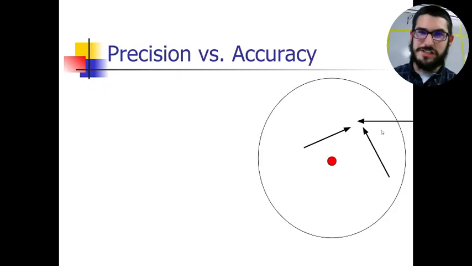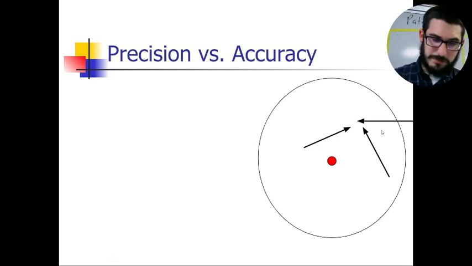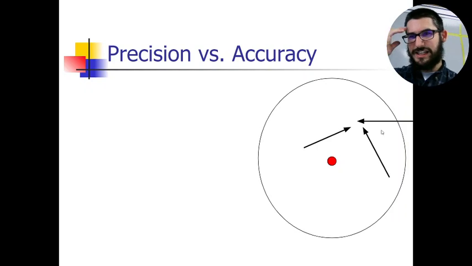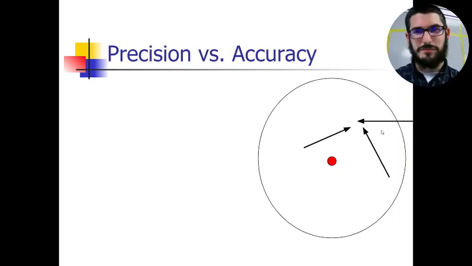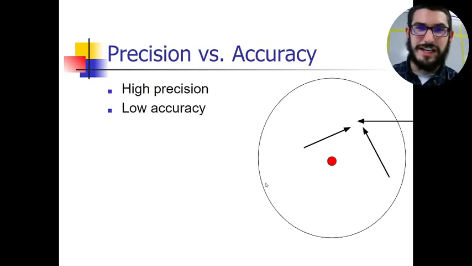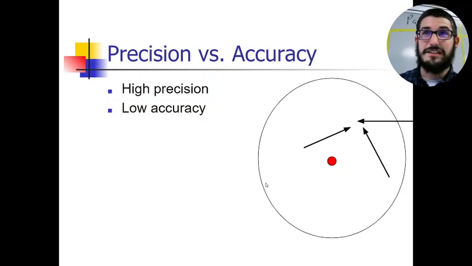So precision versus accuracy. This right here, you see that my values are all in the top right of this target, and they're all really close to each other, but they aren't close to the bullseye. They aren't close to the accepted or standard value. So that's going to be high precision because they're really close together, and low accuracy because they're far from where they need to be.